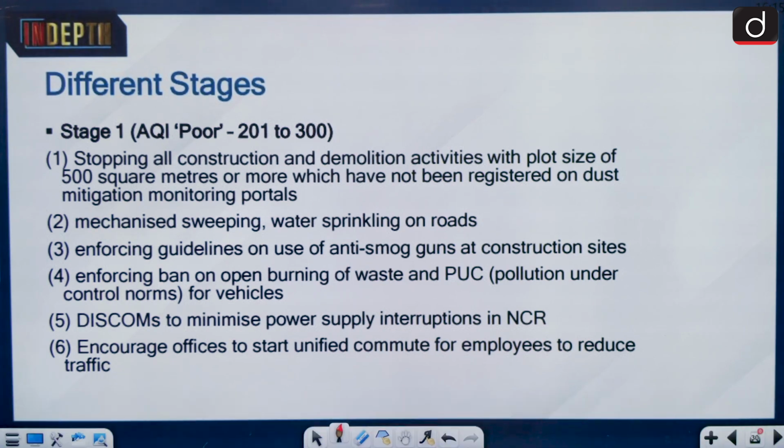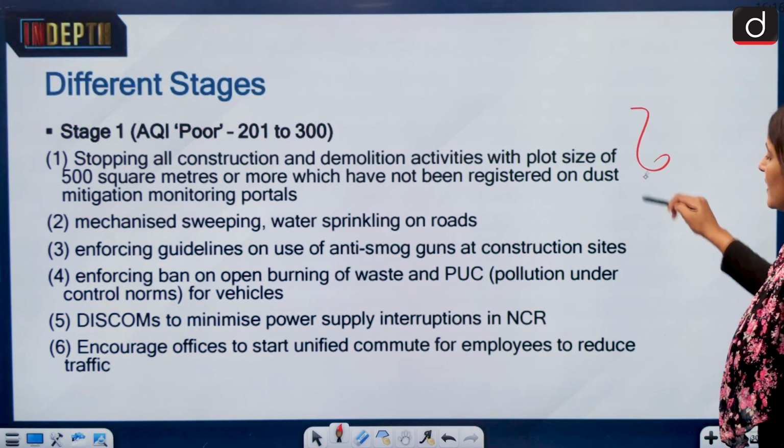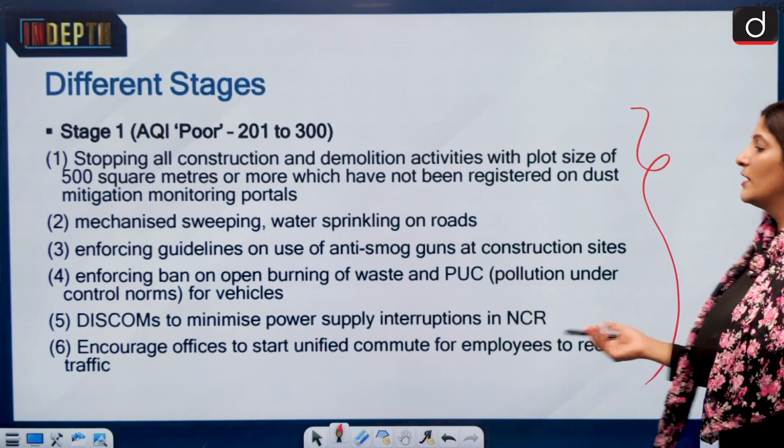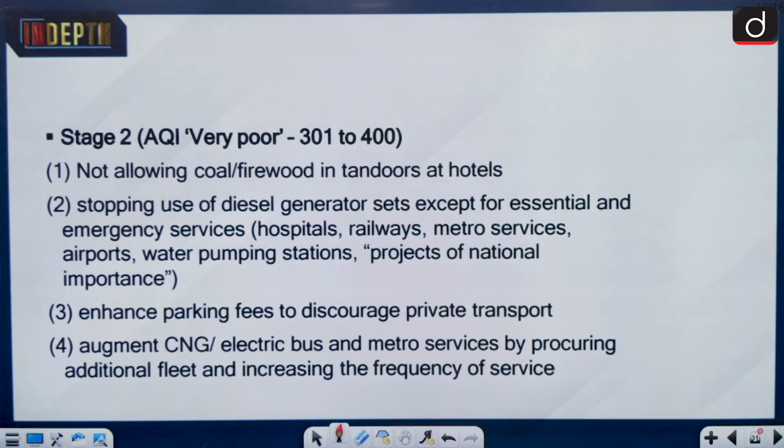Enforcing guidelines on use of anti-smog guns at construction sites. Enforcing ban on open burning of waste and pollution under control norms for vehicles. Discoms have to minimize power supply interruptions in NCR and encourage offices to start unified commute for employees and reduce traffic. So this is what will come into effect, you can see, in an immediate manner right now.